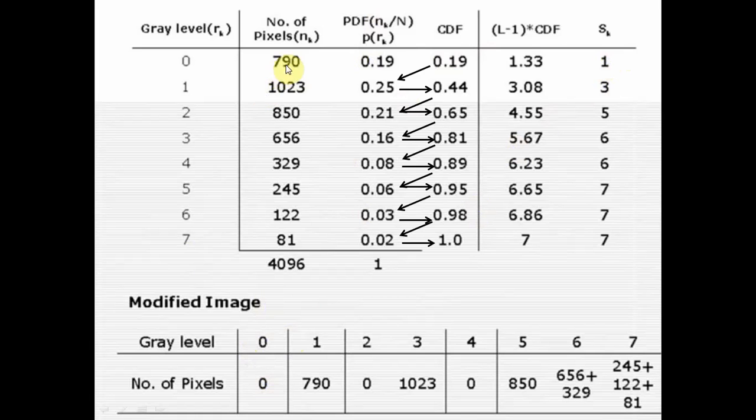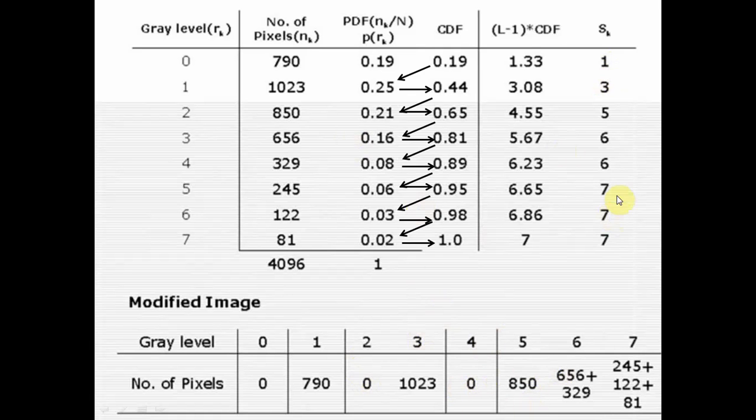Now 1 has 790, 3 has 1023. 0 nothing, 1 has 790, and after 1, 2 is not a new value, so 2 will be 0. 3 has 1023, 4 is also absent, so 4 will have no pixels. 5 has 850.